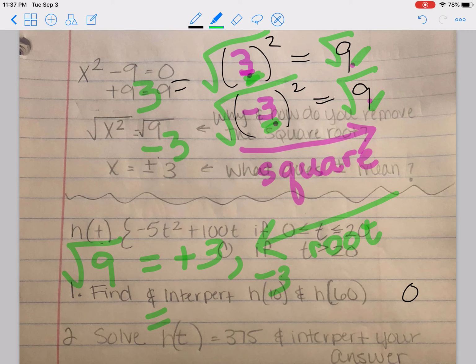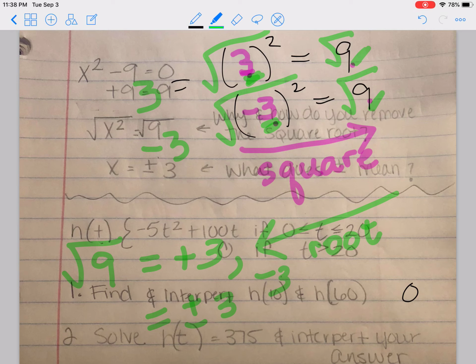Another way to do it in shorthand, and this is where the notation comes in, is by writing plus or minus right next to each other like that, and then 3. That's the same thing as saying either +3 or -3.